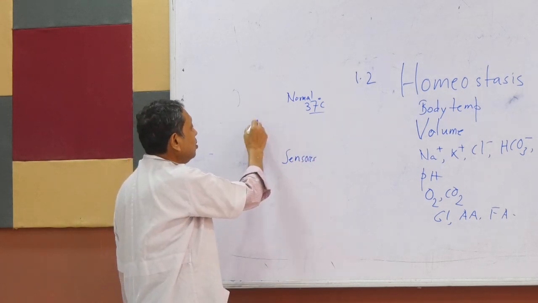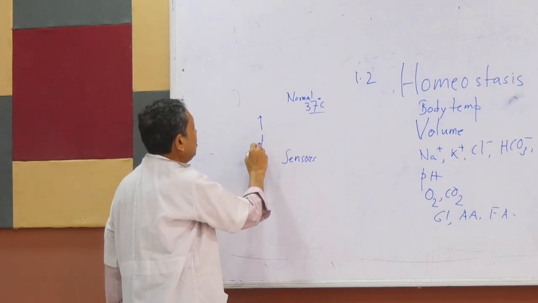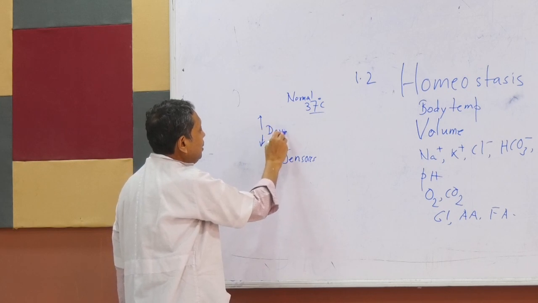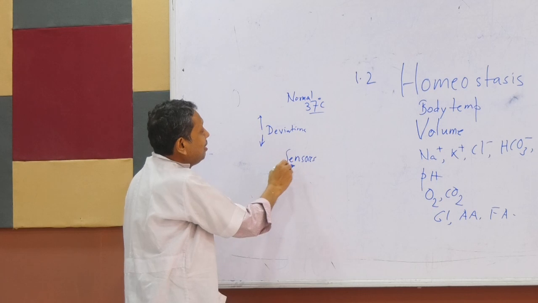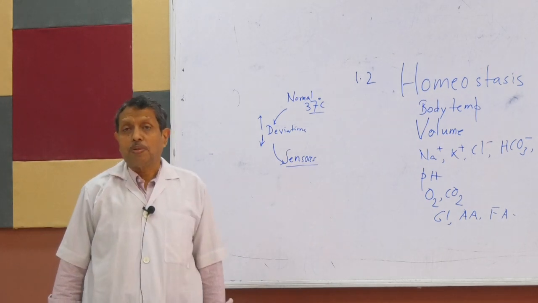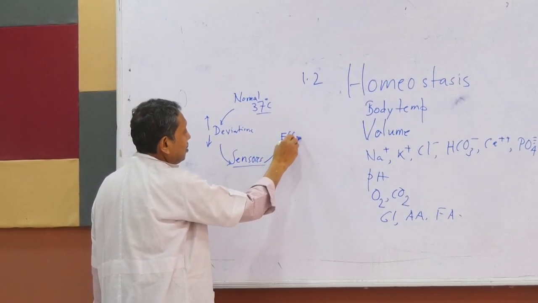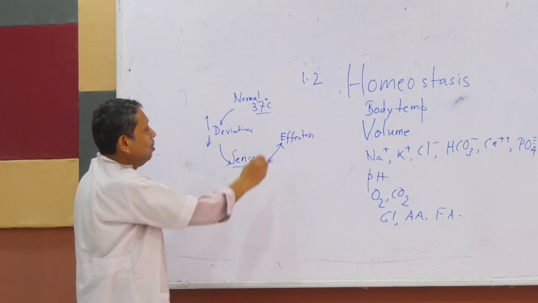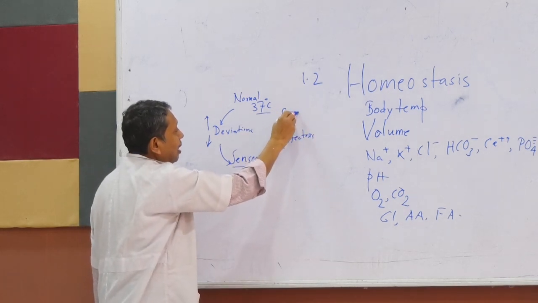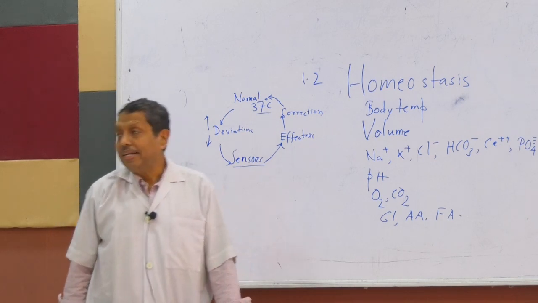Whenever there is some deviation, a rise or fall from the normal, it will be detected by the sensors, the temperature receptors in the skin and inside the body. Then the sensors send the information to the effector, and the effectors try to correct it, and ultimately the normal value is regained in most cases.